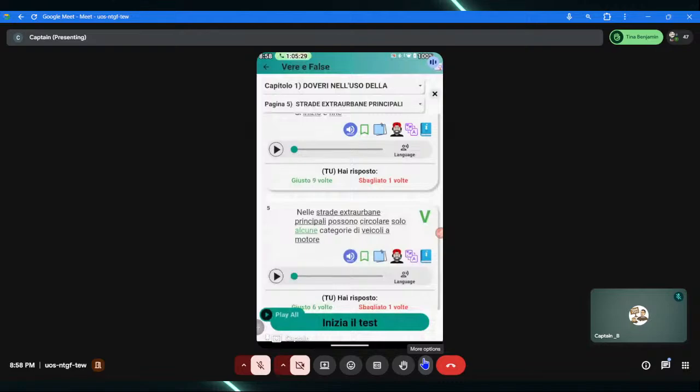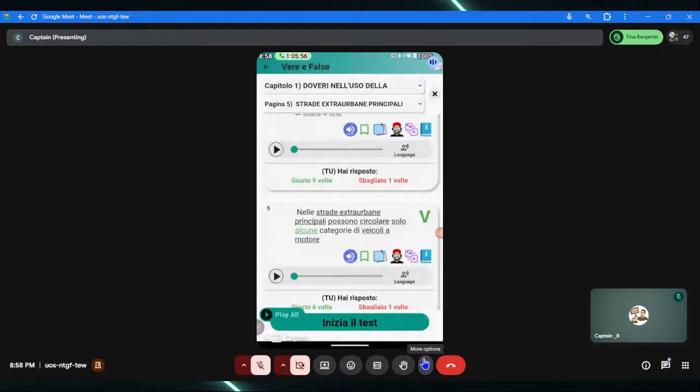What is ciclomotore? Talking about all those ladies' bikes, those that children drive in the street that make sound. Those bikes, their speed limit is 40. So in this extraurbana principale, which is a suburban area, the speed limit there is 110. You see that the highest speed they can go with that bike is 40.